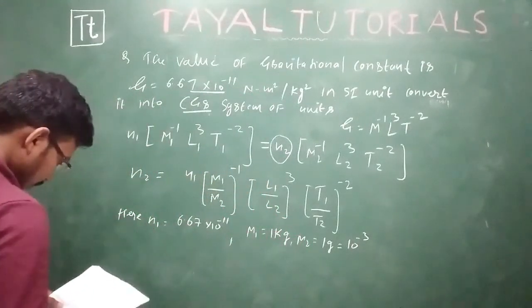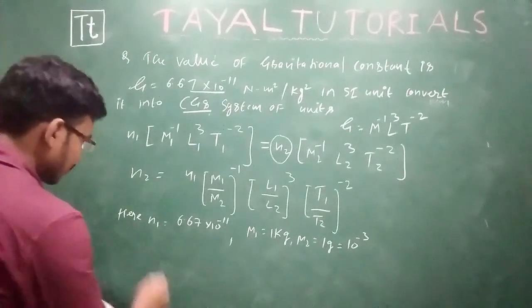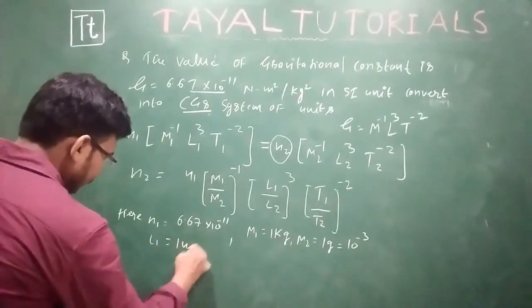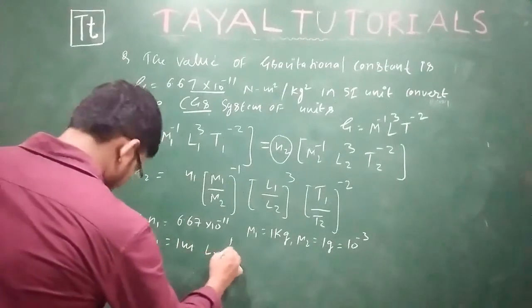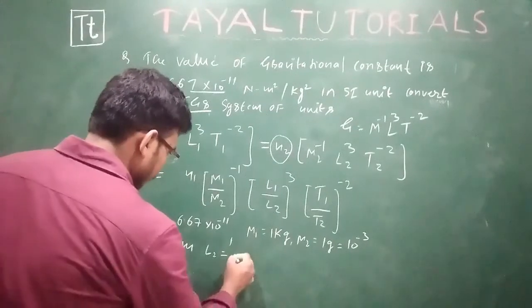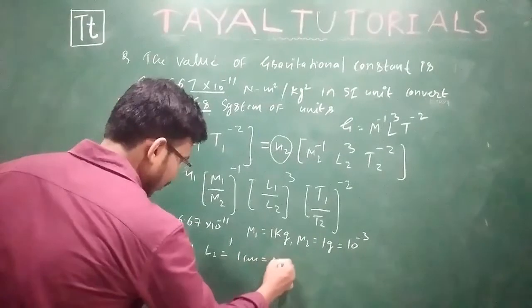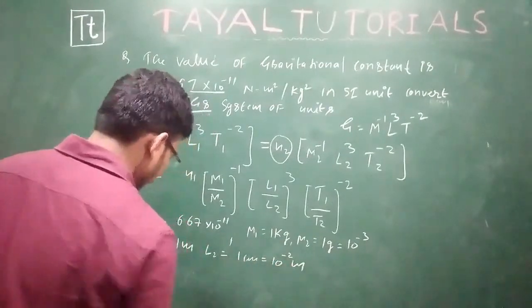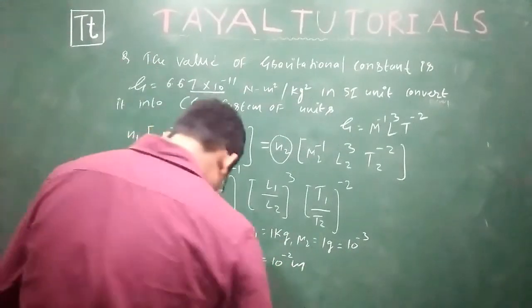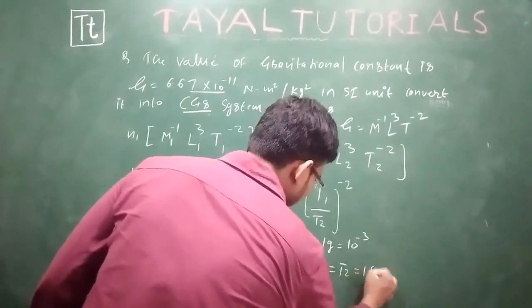L1 is equal to 1 meter, so L2 is equal to 10 to the power of minus 2 meter, since 1 centimeter is equal to 10 to the power minus 2 meter. Time in both will be 1 second: T1 is equal to T2 is equal to 1 second.